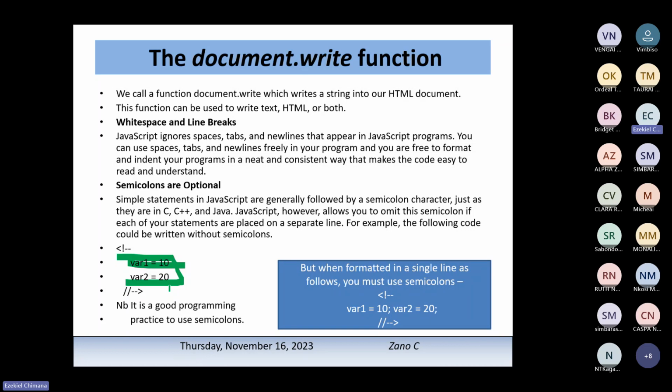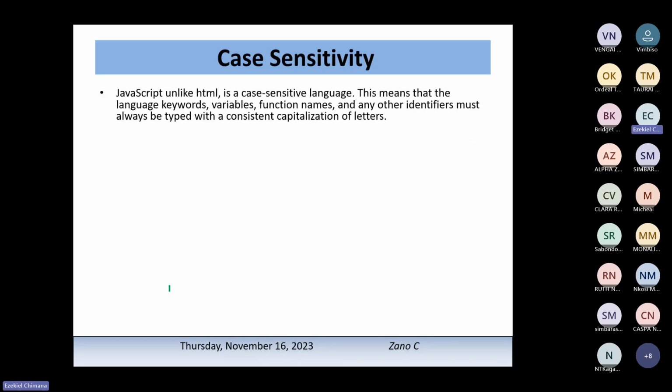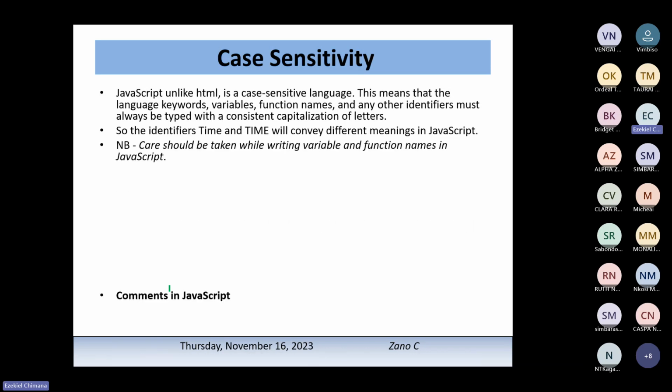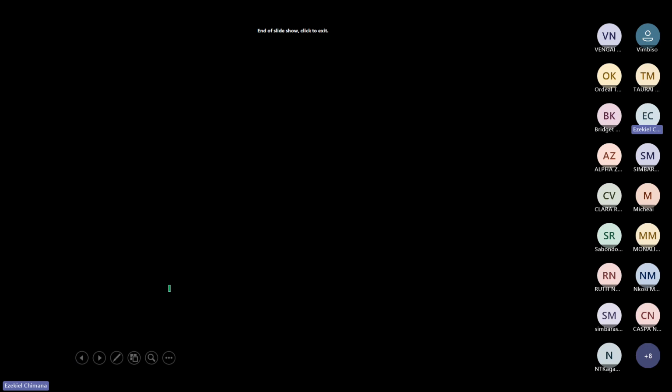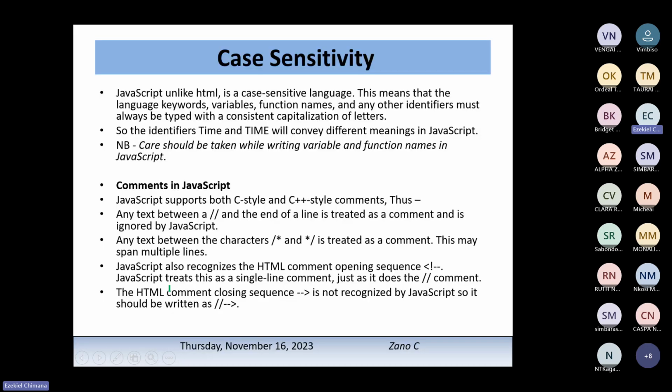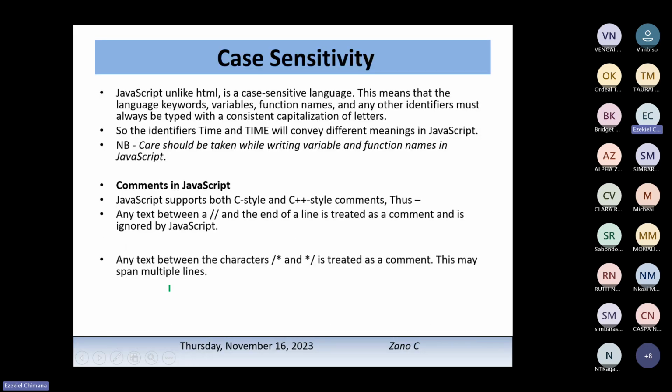You just declare the variable and put the value, and by just putting the value, it can automatically detect. Also, you can use the semicolon to terminate or not. It is also case sensitive, like all other languages. Commenting is just the same. But this was just the basic syntax of JavaScript.